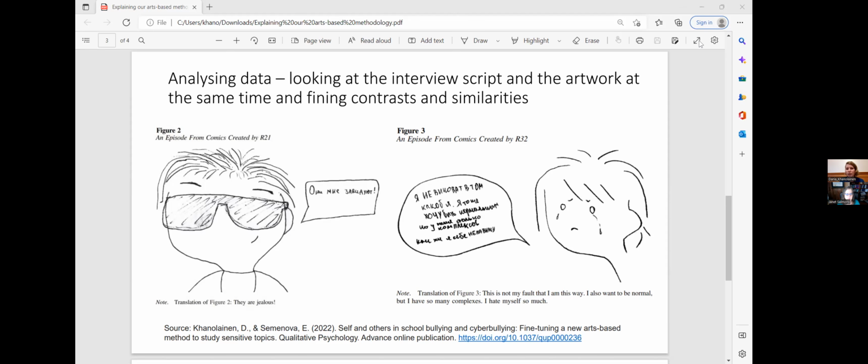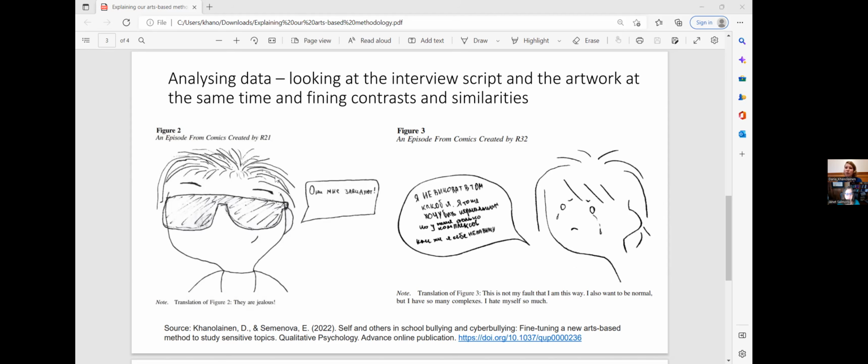For example, in one of the studies, what we found is that participants who didn't have any personal experience of being bullied, some of them had very negative perceptions of victims, and they even put some smirks on their victims' faces, and it was clear that they didn't really have that much empathy for them. They would either create a victim that doesn't have any emotions, or a victim that is actually happy about their situation.